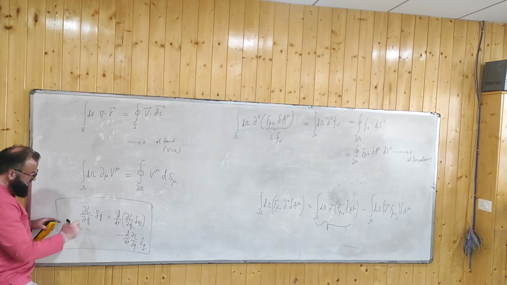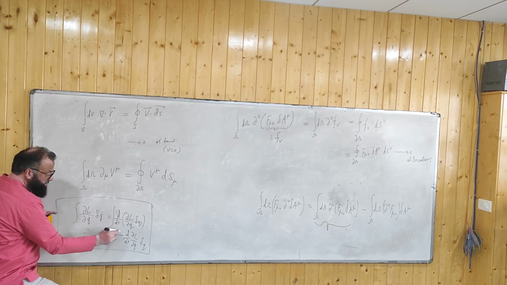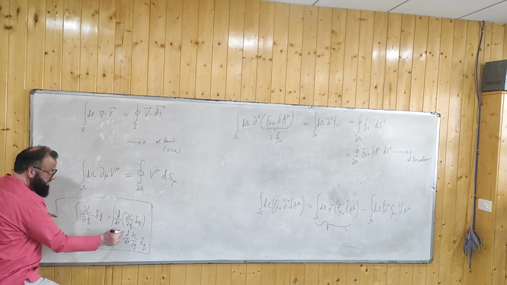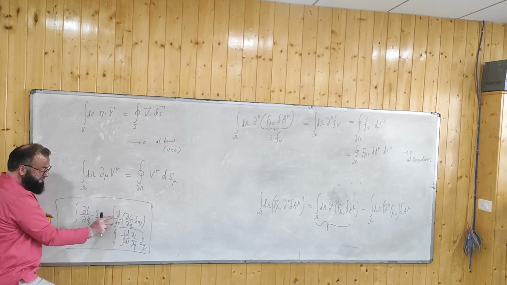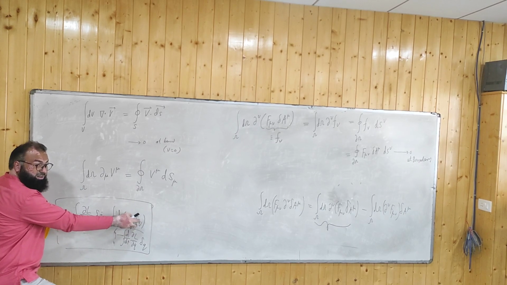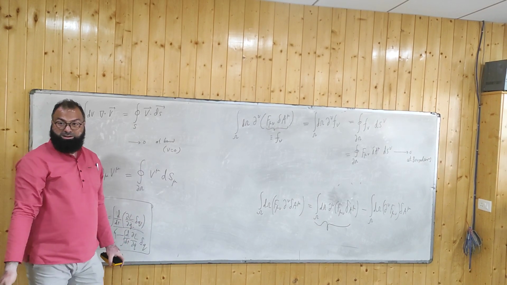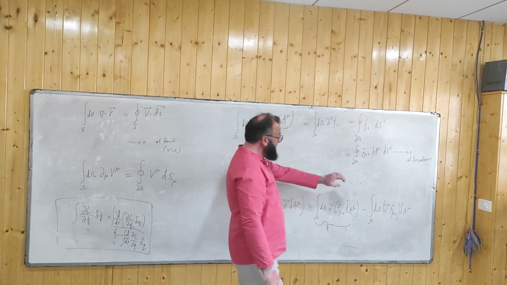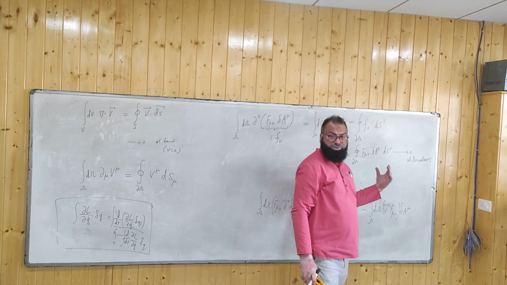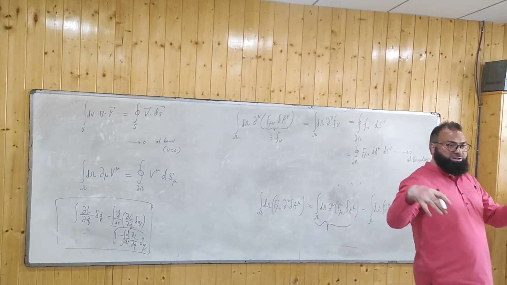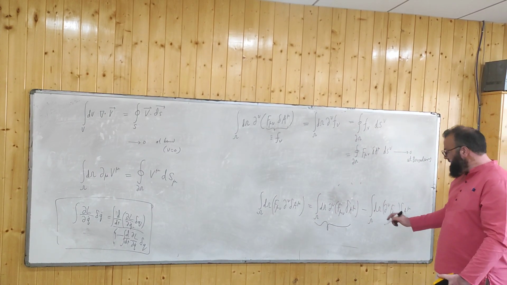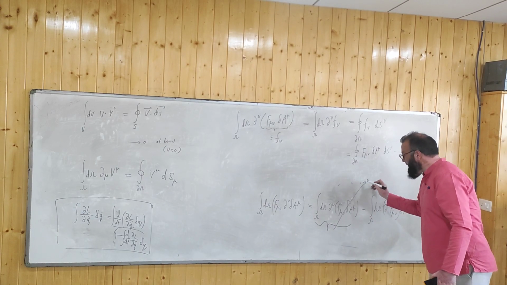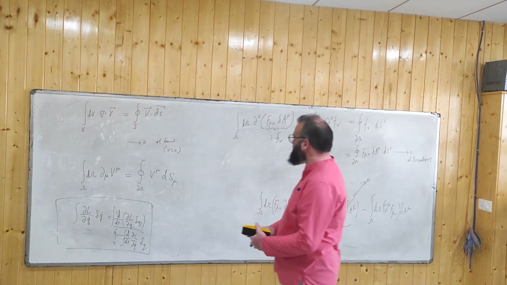Once you integrate this by parts, this is the boundary term, so this will cancel. This is the term which vanishes at the boundary. Similarly, you are evaluating it on the boundary, so that's why it vanishes there. This very term goes to 0 at the boundary.